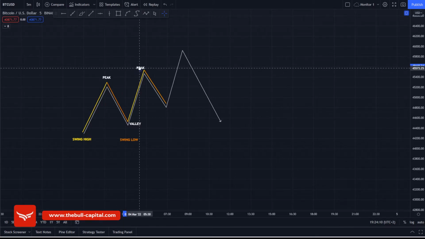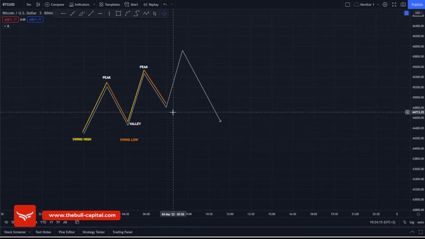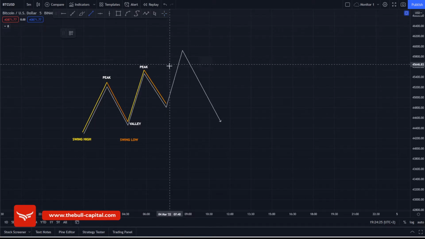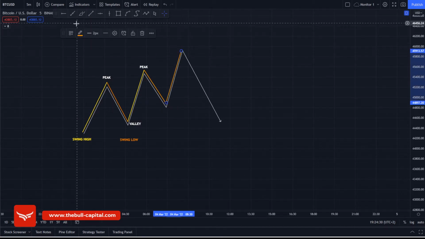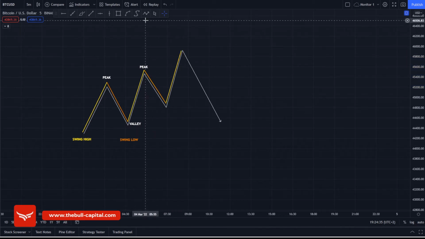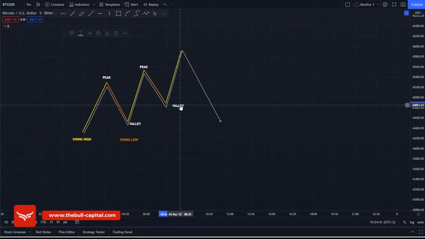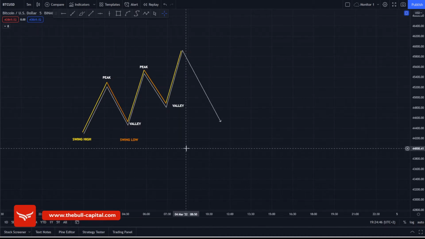Now the price is gonna stop going lower somewhere, and it's gonna start going up again, forming another swing high. And now we have the second valley that has been formed here. So these are the peaks and these are the valleys.